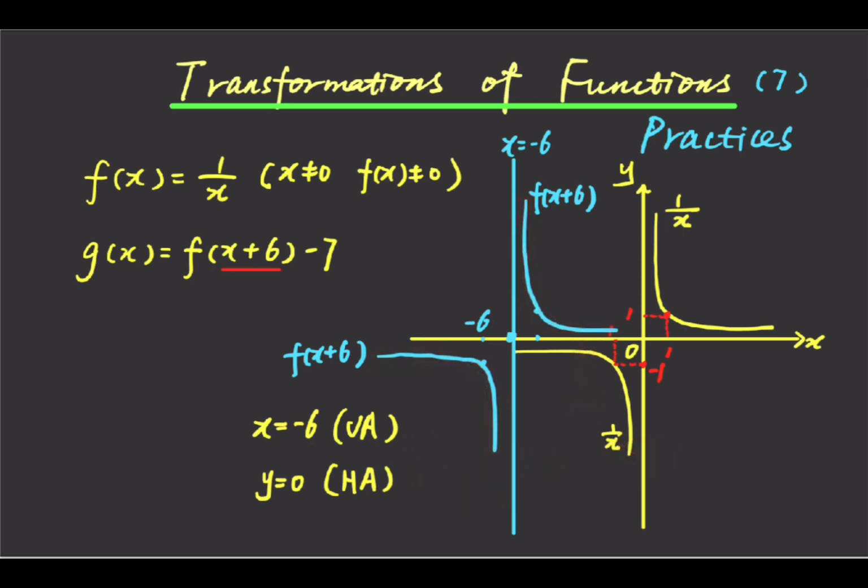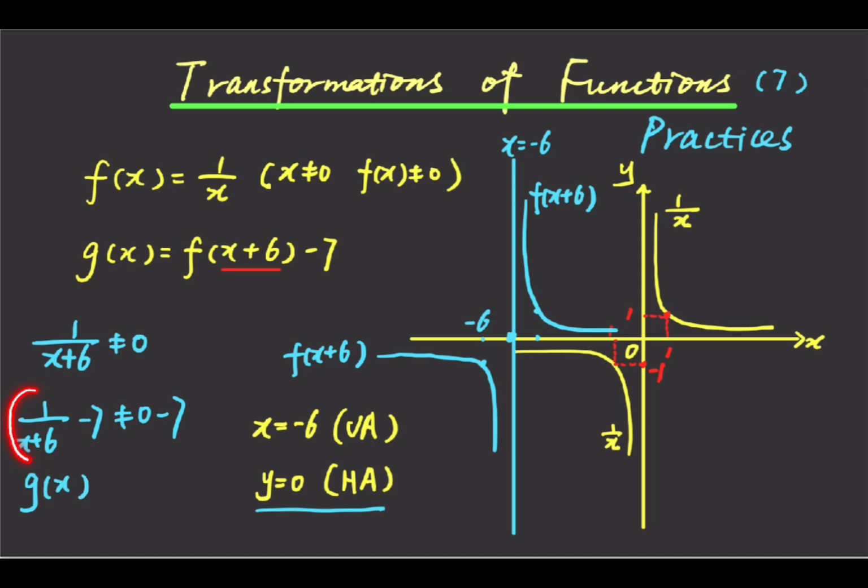Okay, now we have known 1 over x + 6 cannot be equal to 0. So we can figure out this is the horizontal asymptote. But now we need to subtract 7 for both sides. So this g(x), because this is the g(x) expression, so we use g(x). We can figure out g(x) cannot be equal to -7.